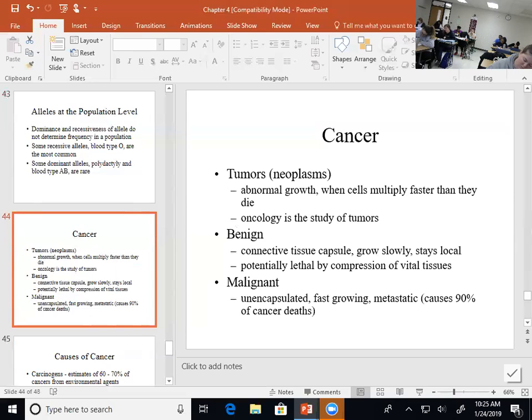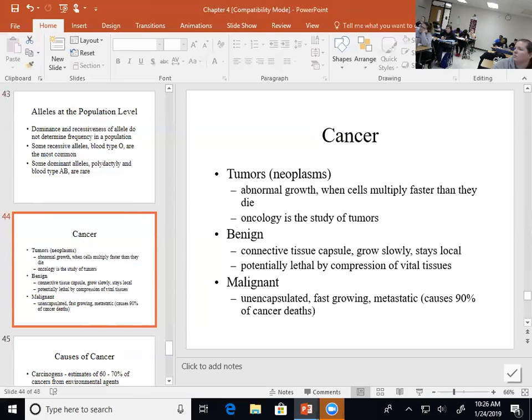Can they be moved through your bloodstream to a different location and set up house there? They can. So let me say this about malignant tumors, what you call cancer. Usually the word cancer is just used for malignant tumors.